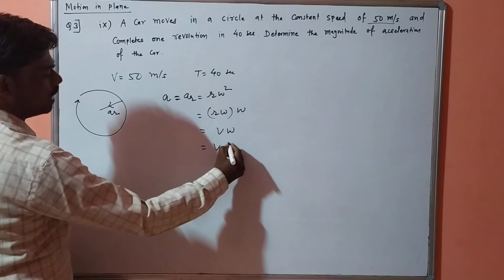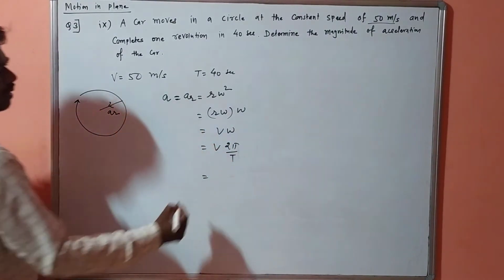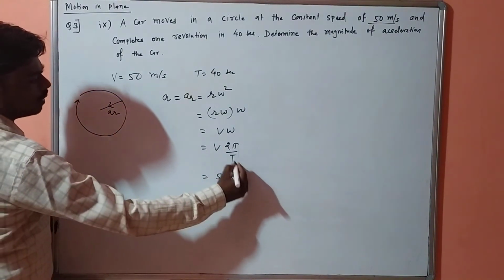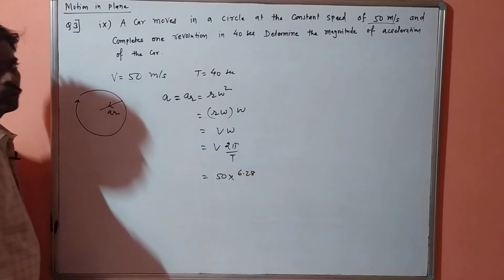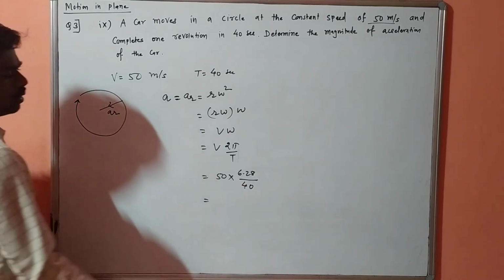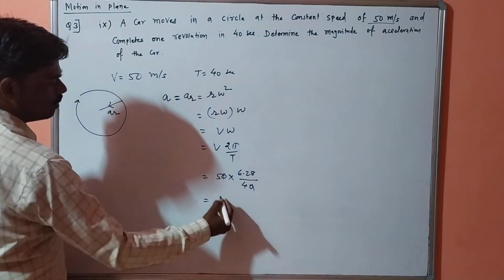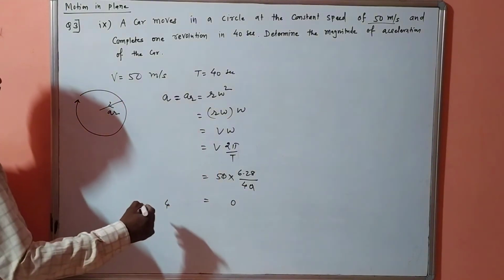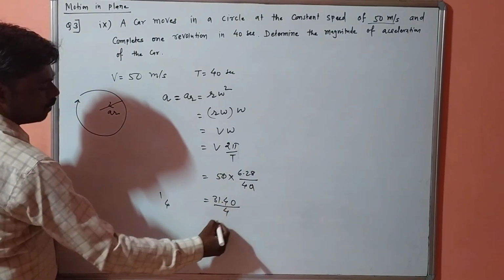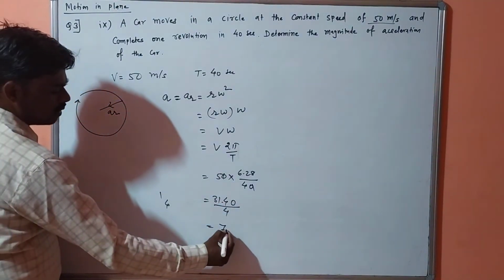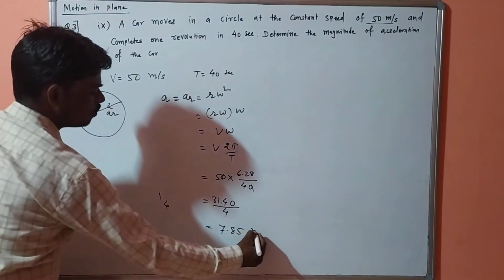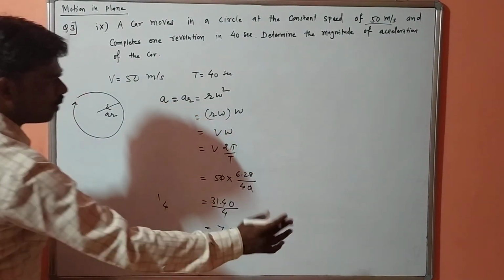Omega is nothing but 2 pi by T. Substituting these values, v is 50, then 2 pi means 6.28, divided by 40. So 31.40 divided by 4, this answer is near about 7.85 meter per second square.